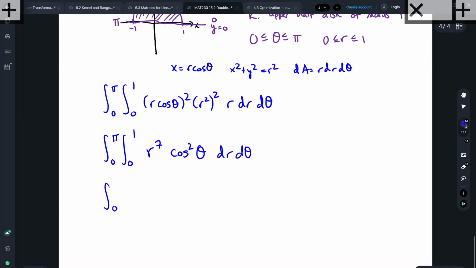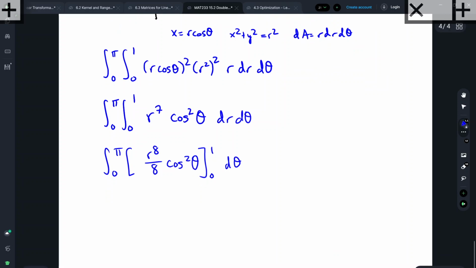Okay, so now we're ready to integrate. So r first. So the antiderivative of r to the 7th is r to the 8th over 8. And I need to evaluate from 0 to 1.